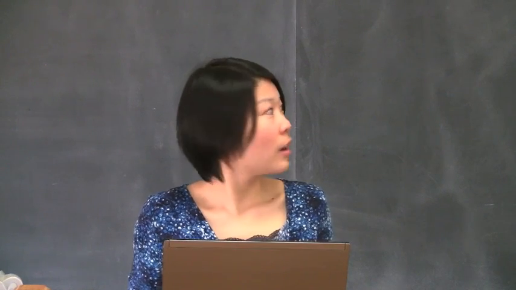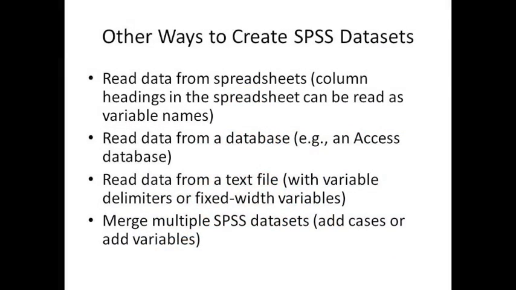So if you are going to start with an SPSS data set, if you are going to create new variables, we have done that. But sometimes you have a data set that is in other formats, right? And this is very common. Maybe you are collaborating with other people on projects and the other person is more familiar with Excel, or the other person is more familiar with text files.